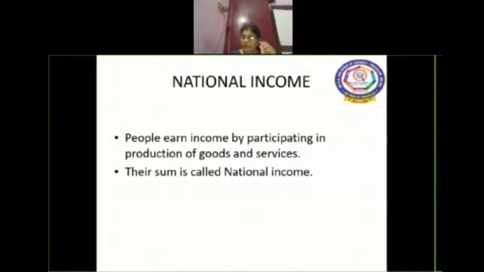If you take each and every human being, definitely they have to earn something, isn't it? So they earn income by involving themselves in production of goods and services, and whatever income we get from their production, from their involvement, is called national income.